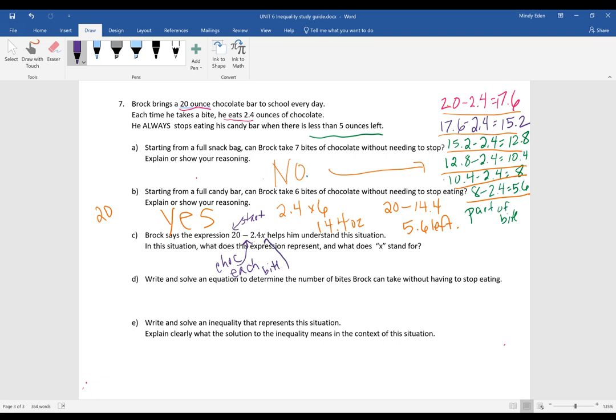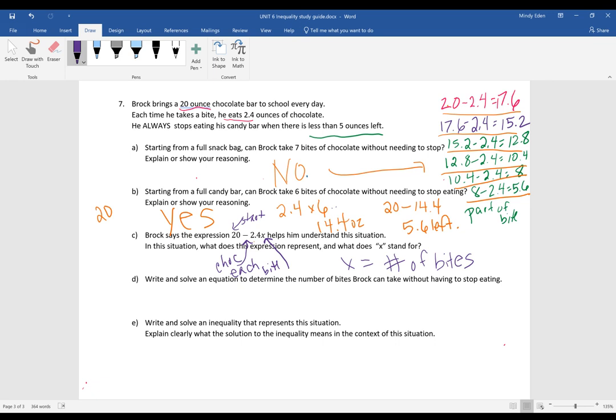And then x, what does x stand for? Well, x stands for the number of bites that he's taking. When I took the 6 up in that problem, I did 2.4 times 6. So the number of bites. All right, not how much he took in each bite, but be very specific. It's the number of bites.